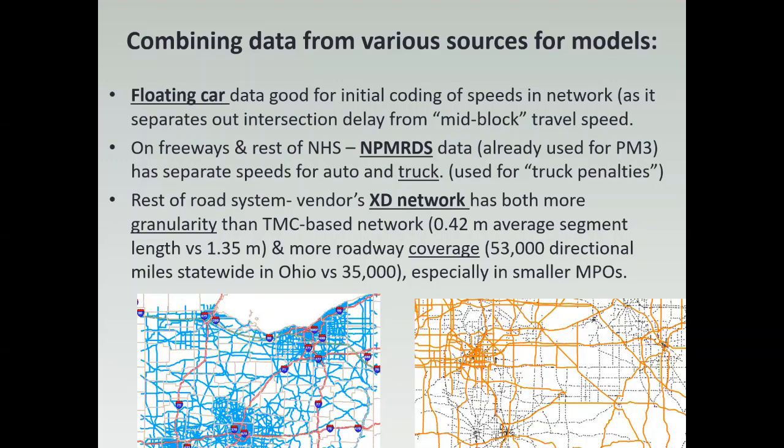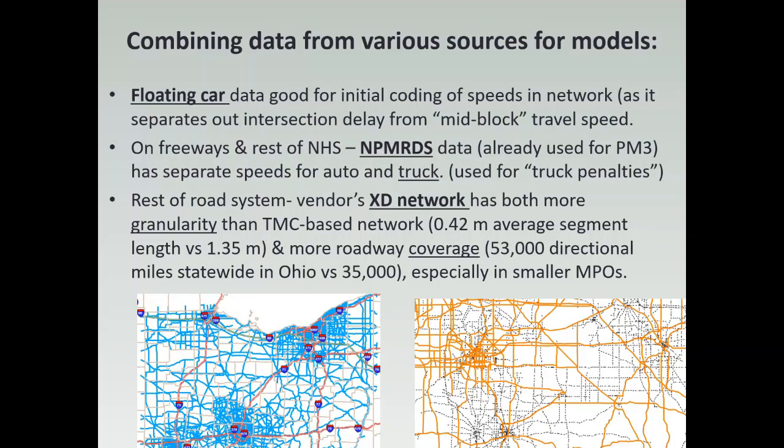On the left, you can see that the TMC-based roadway coverage, if you're in an urban area over 500,000 people, you get pretty good coverage there. I work a lot with the smaller MPOs that tend not to get great coverage from that system.